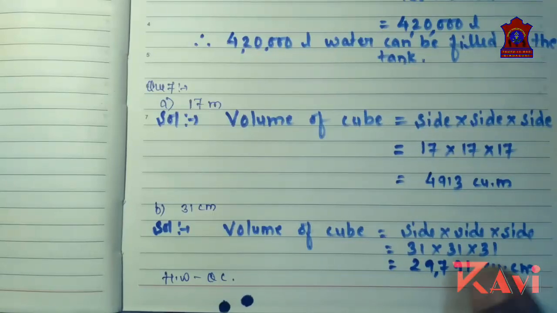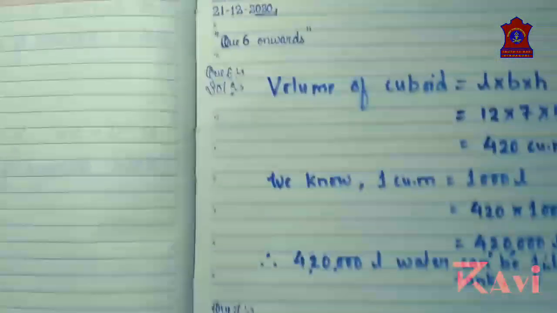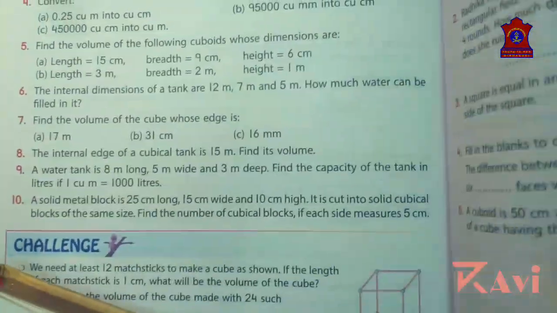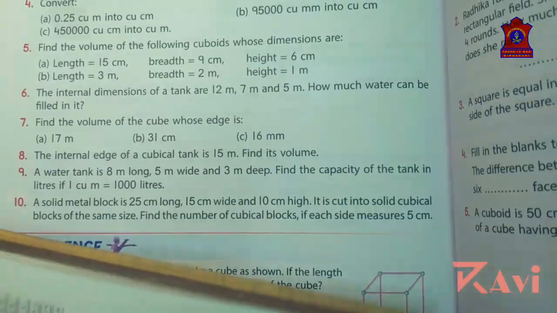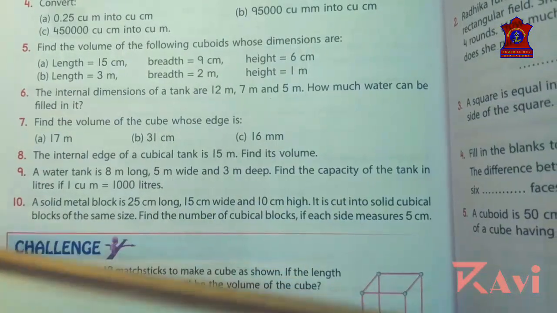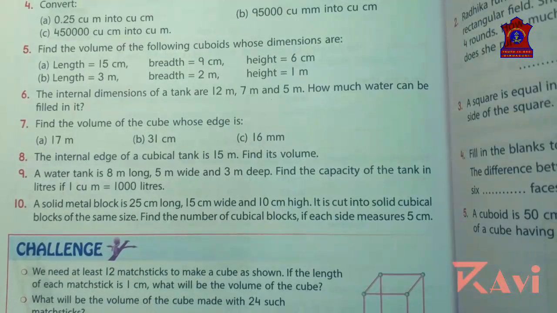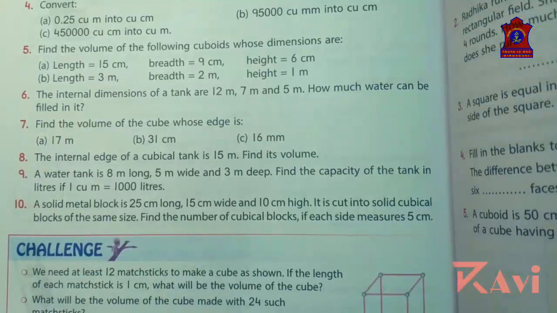Now let's move to question number 8. Question number 8 is the internal edge of a cubical tank is 15 meter. See, the tank is cubical. Find its volume.